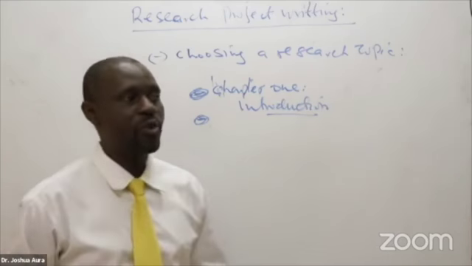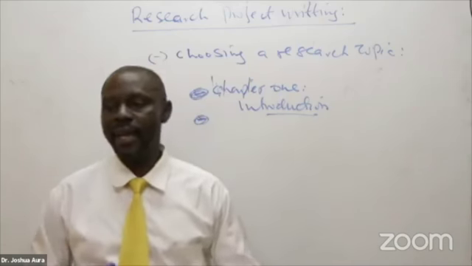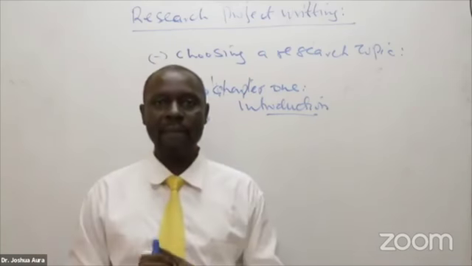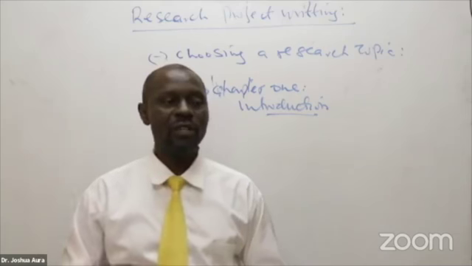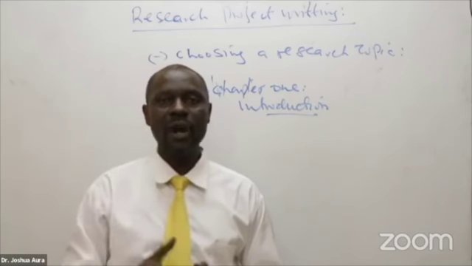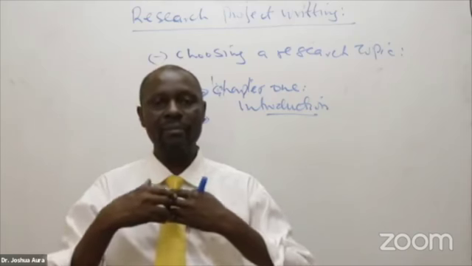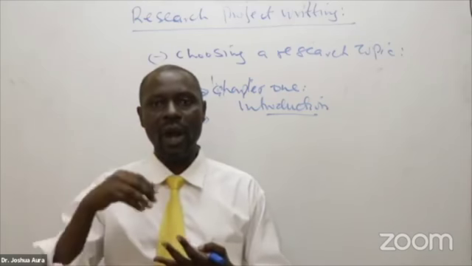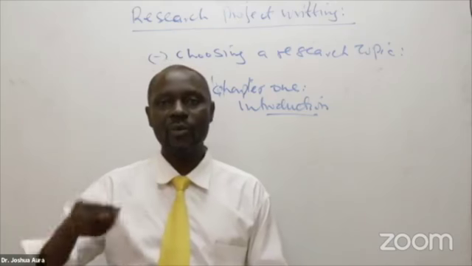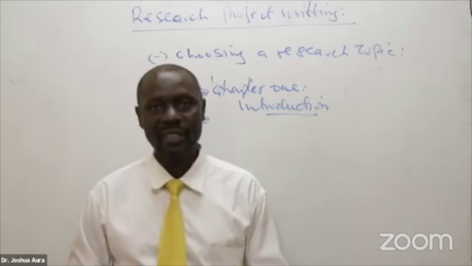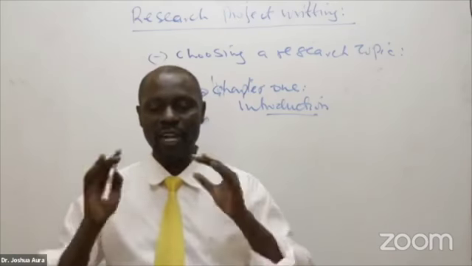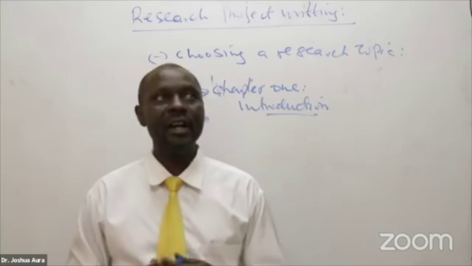This is where you introduce the topic, talk about what you are going to research on, and how you're going to do the research, how you're going to do the writing, and so on. So that's the introduction. It's quite detailed.